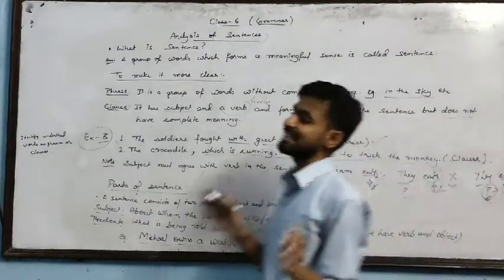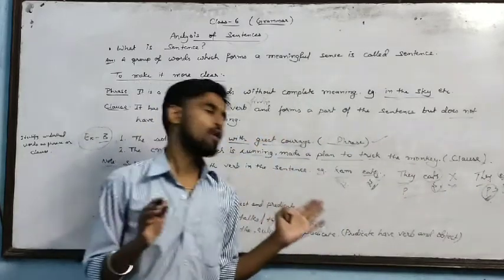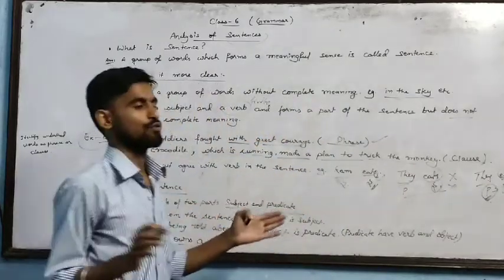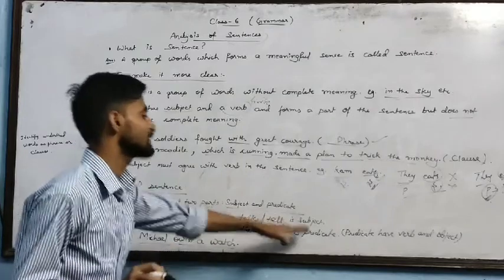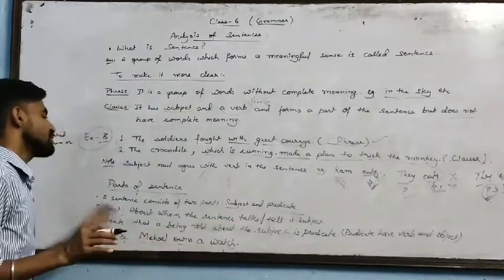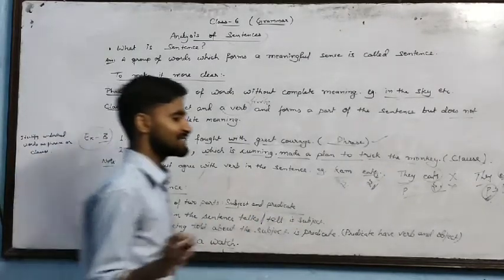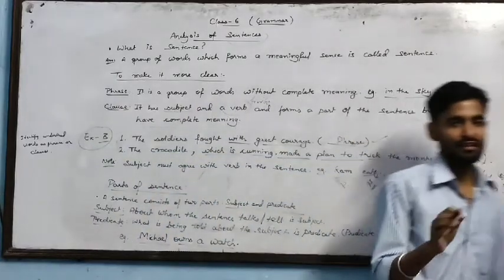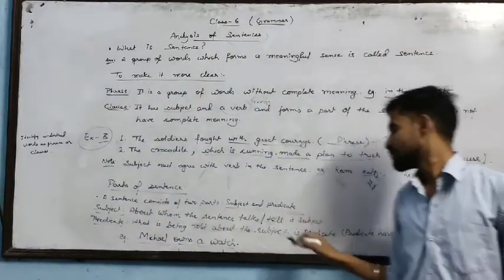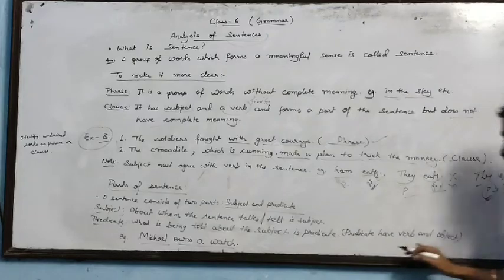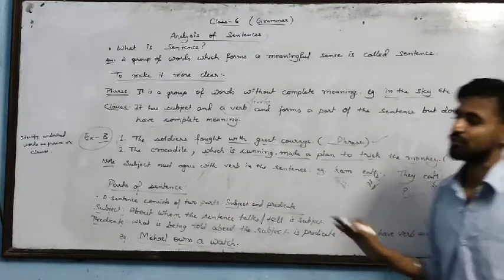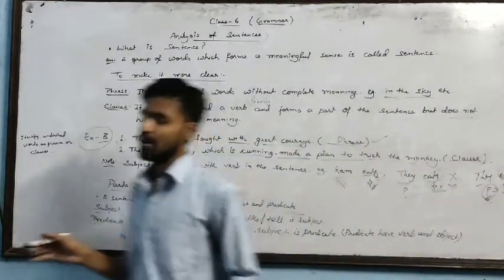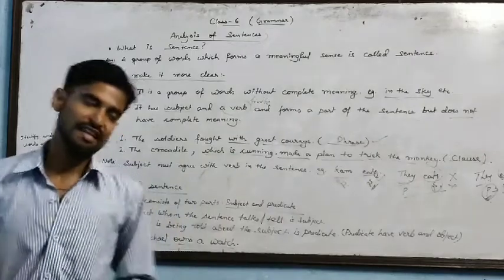About whom the words in the sentence are talking is termed as subject. And what is being told about the subject is termed as predicate. The predicate has the verb and object, means the verb and object part of the sentence is the predicate.